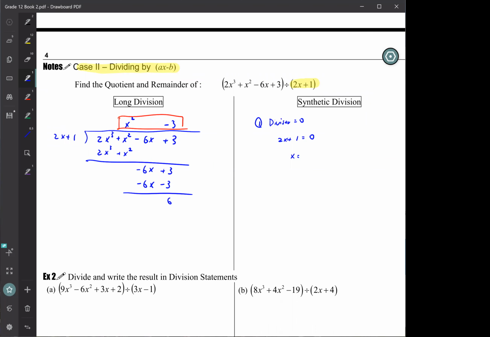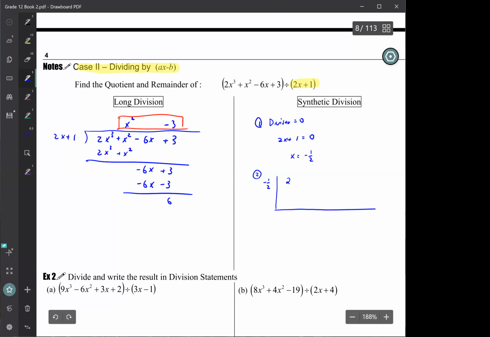Eric? Negative 1 over 2. Yeah, so we are going to put negative 1 over 2 on the outside of the box.